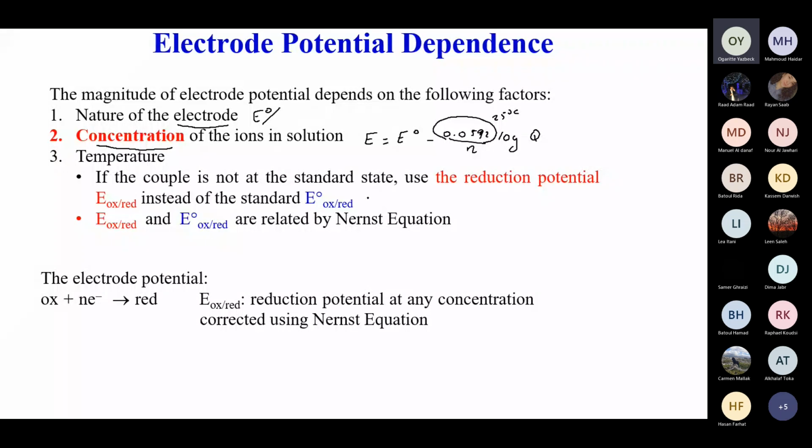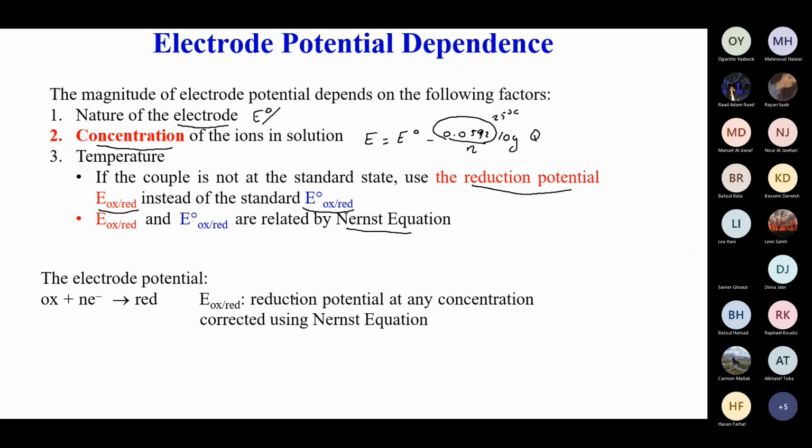The couple is not at standard state. We use the reduction potential E ox over red, not E naught. E naught means standard potential. E is non-standard. E and E naught are related by the Nernst equation.